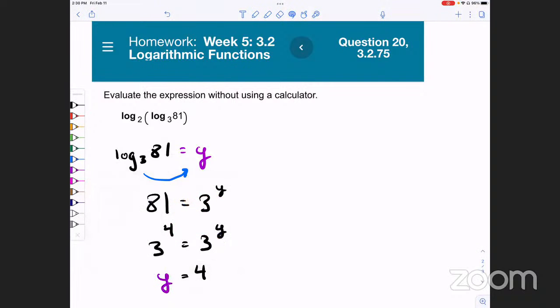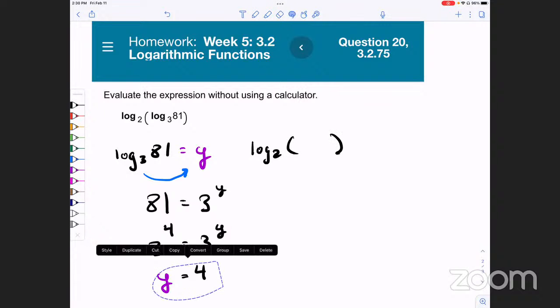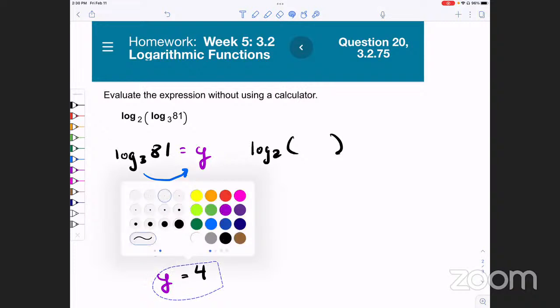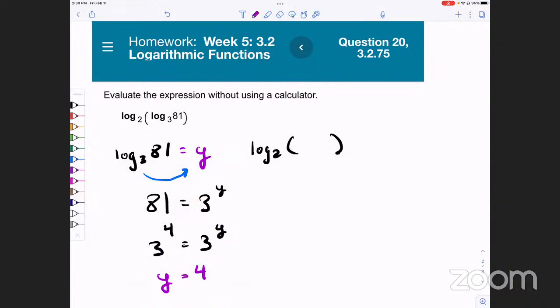Then we can take that and plug it into the outer set. So we have log base 2 of 4, right?